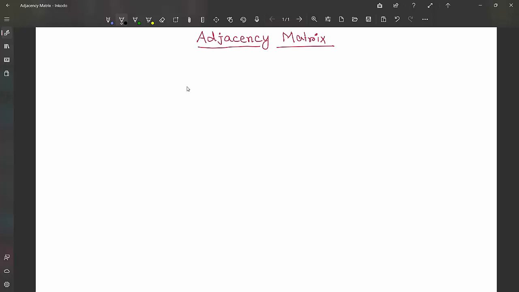So here basically the graph without the parallel edges is considered for the adjacency matrix, and we will define the adjacency matrix for both the non-directed graph and also for the directed graph.